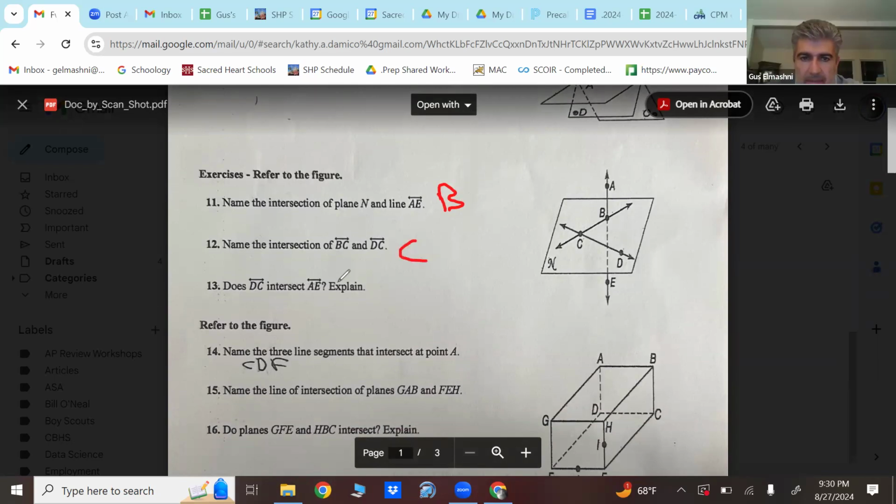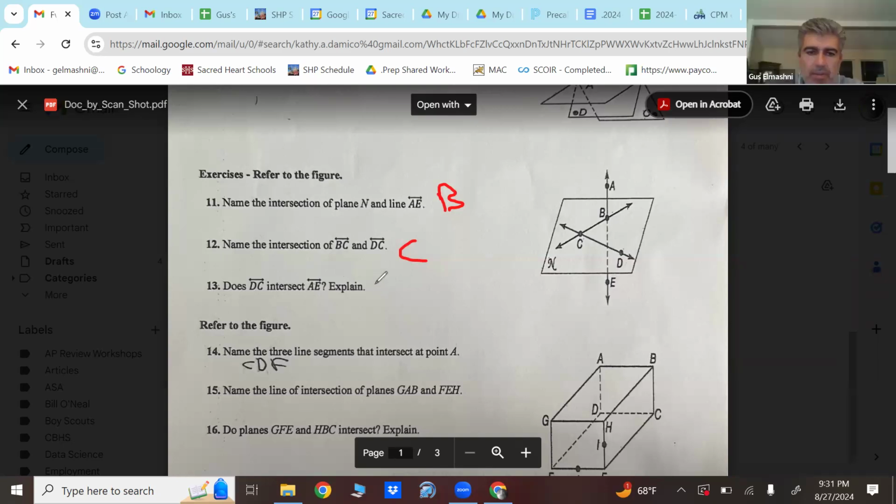Do DC and AE intersect? They do not. It's kind of like if you have two pens, and they're kind of like this, they just don't touch. They're not necessarily parallel. They're just in space, they just don't touch.